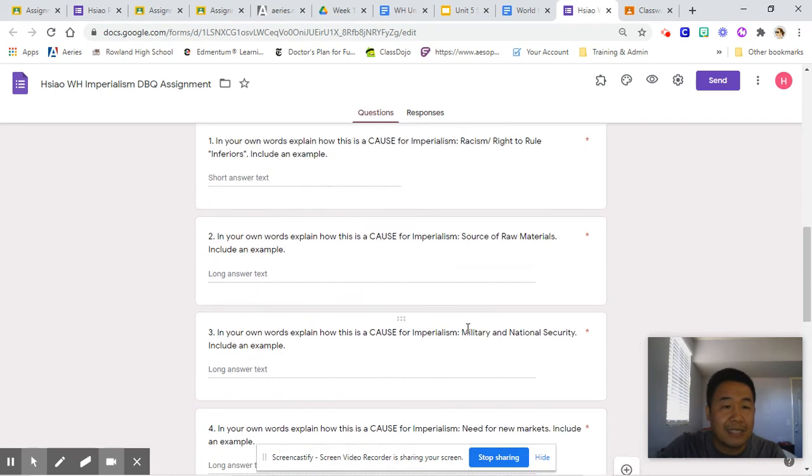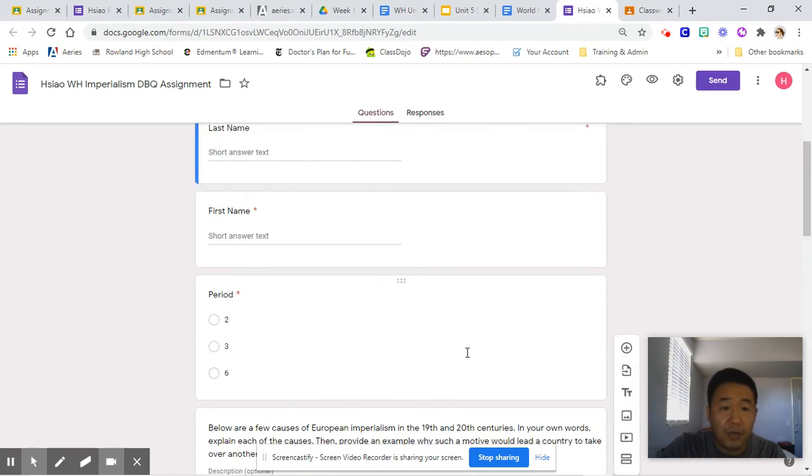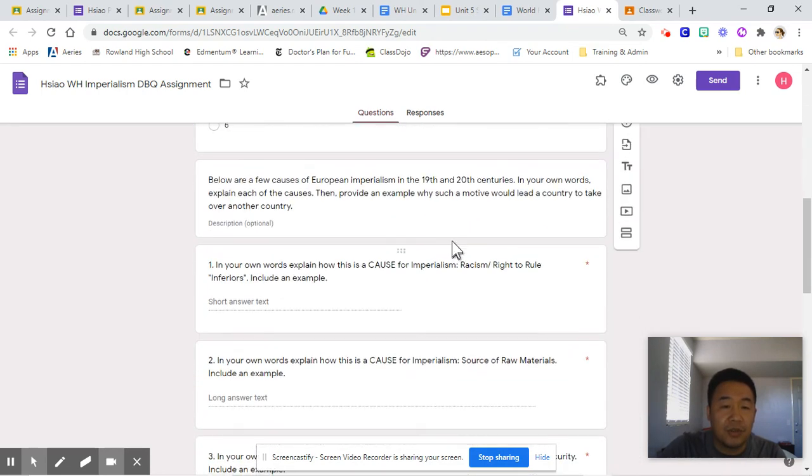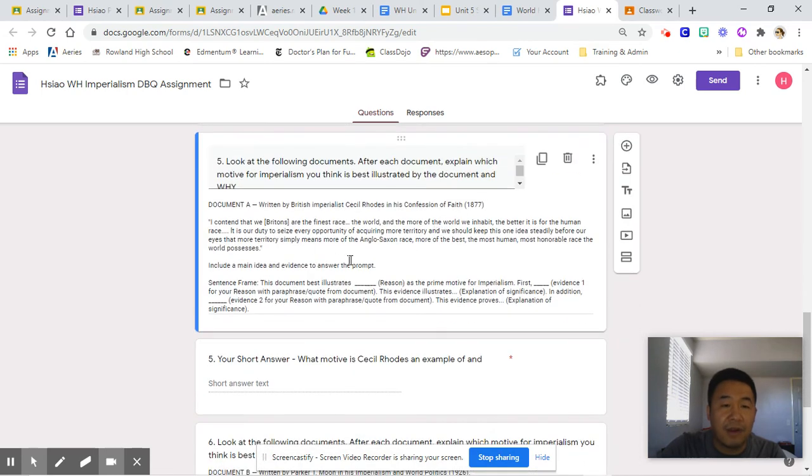It is something we're going to see again, so make sure you practice this and learn a little about how DBQs work, because you're expected to use documents from the literature. These are probably documents you haven't seen, but they're going to give them to you in the test or in the writing, and expect you to squeeze something out of it so that you can explain a cause or a reason for this event.